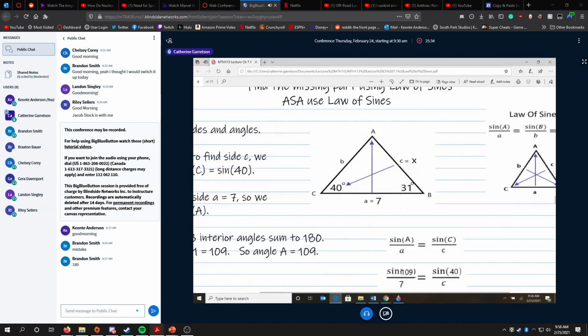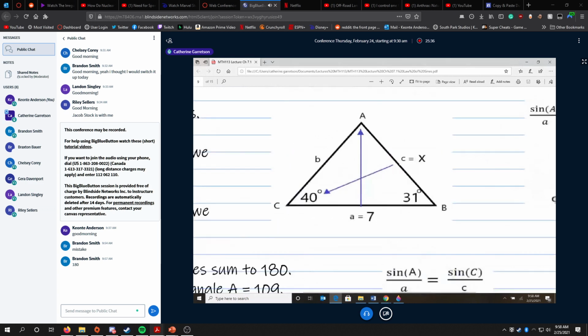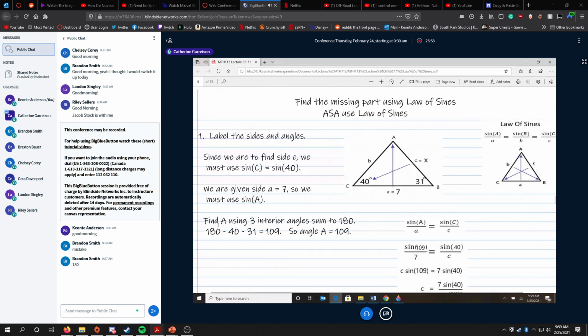All right, so we're always doing that comparison. I know this side, I need to know its opposite angle. I'm trying to find this side so I compare it to its opposite angle. I don't know the measure of angle A, but I know the two angles, so I can calculate it by saying 180, subtract 40, subtract 31, and now we see that angle A is 109.